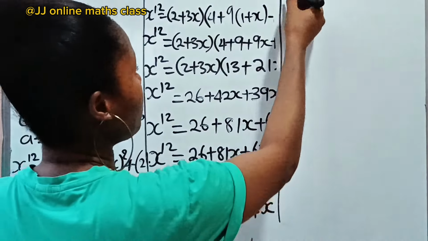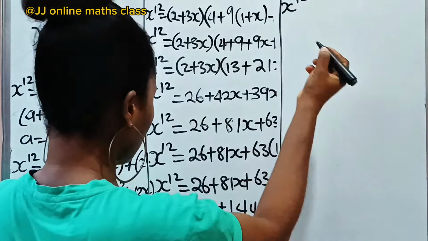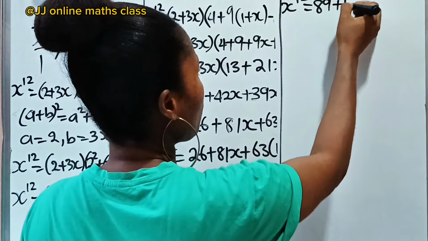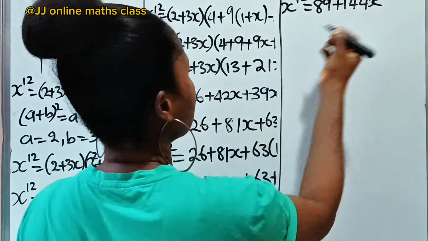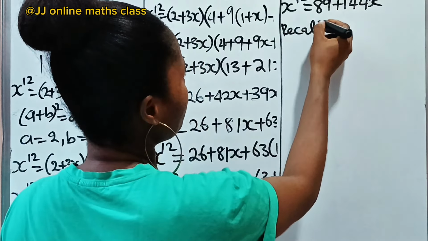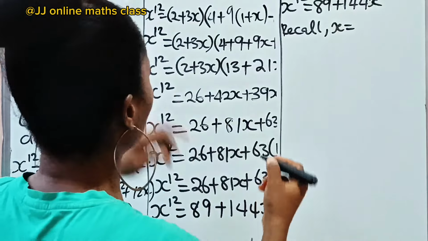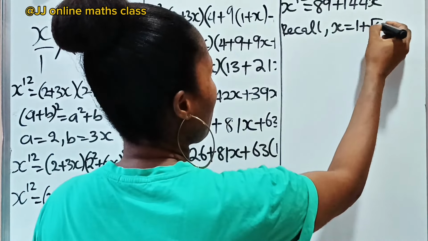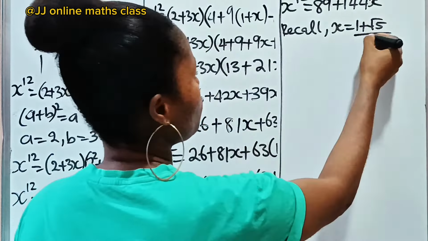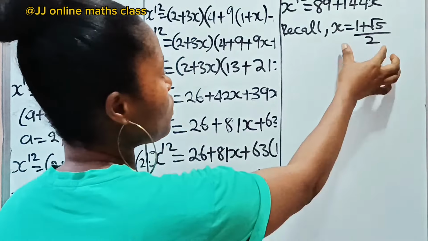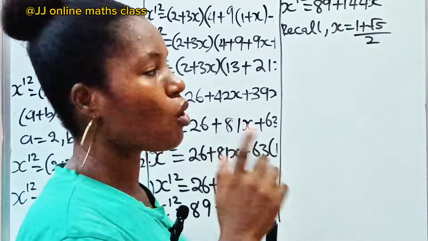So this is what we have now, that x to the power of 12 is equal to 89 plus 144x. Now recall that our x is equal to 1 plus root 5 over what? 2. According to the question, this is given. So we are going to substitute this into this equation, all right?